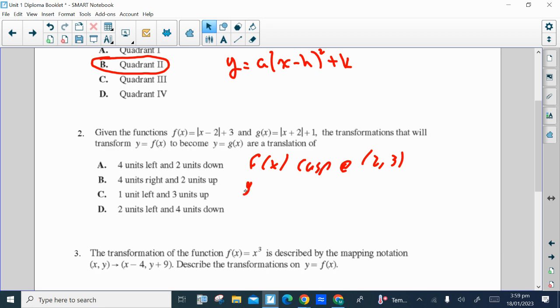Where for g, the cusp will be at negative 2, 1. So therefore, to go from positive 2 on the x-axis to negative 2, you've got to go 4 units left. And then to go from positive 3 on the y down to positive 1, you have to go 2 down. And that's why A is the correct answer.